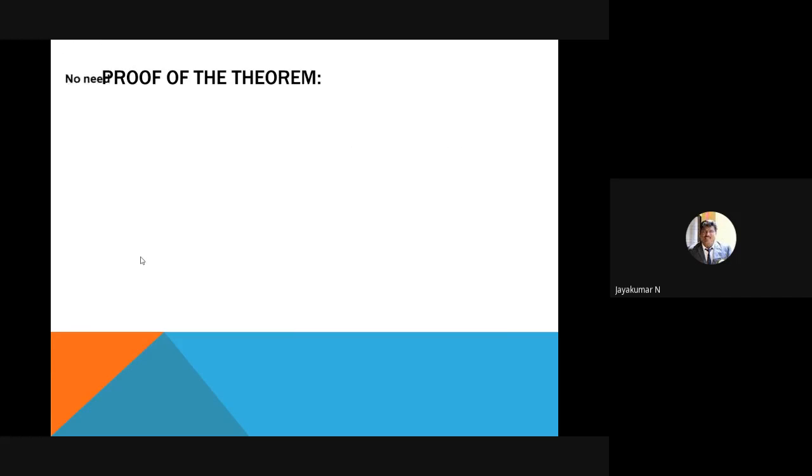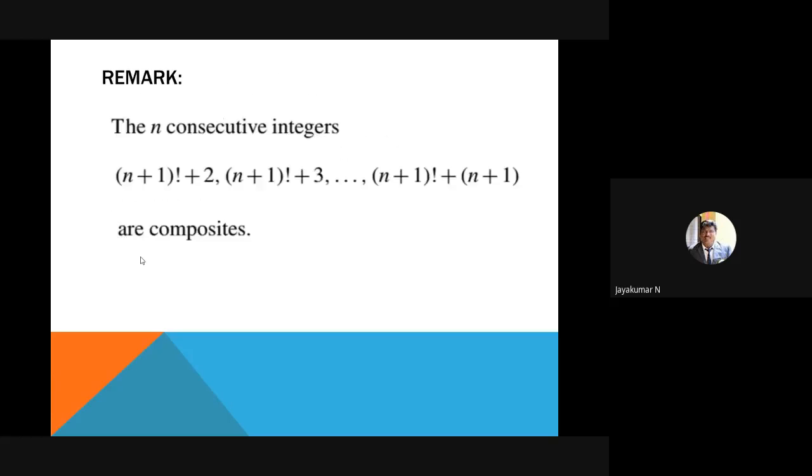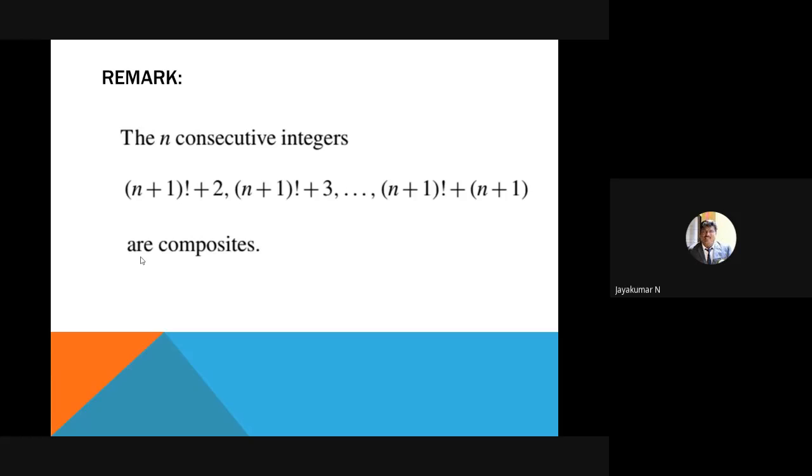Okay, the proof of the theorem is not needed. But what is the technique? That I have given in the remark. Suppose n is given, and I have to find 10 consecutive composite integers, so my n is 10.